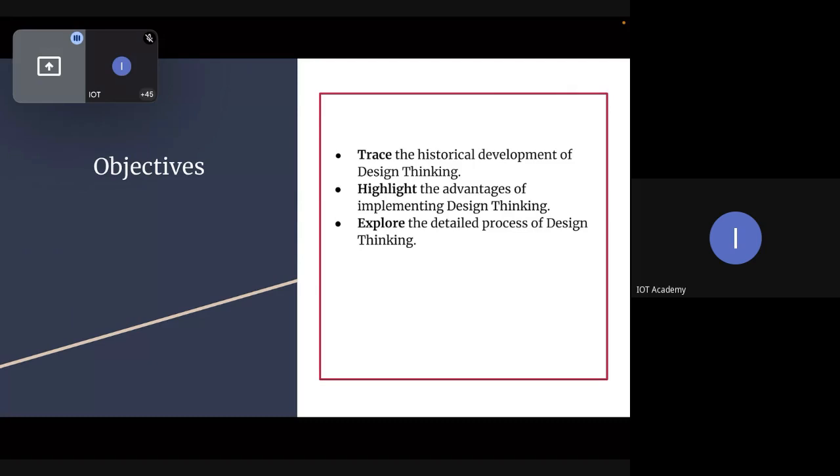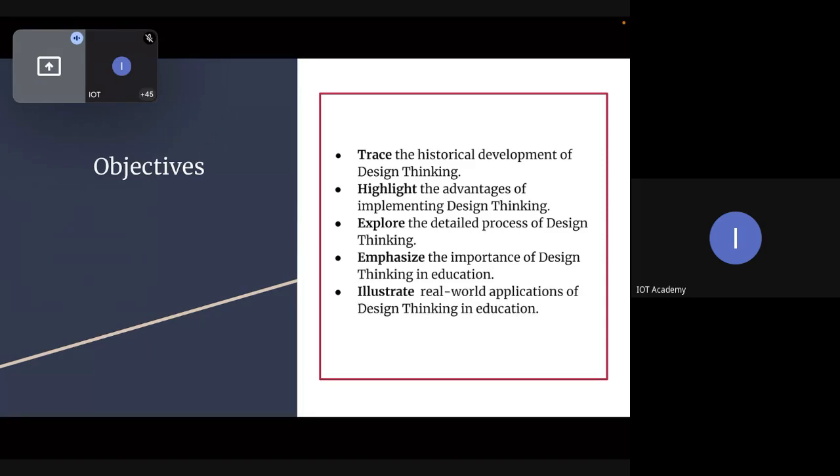This is most of the chunk that this session will consist of. We will also emphasize the importance of design thinking in education, and I will illustrate some real world applications of design thinking in education and in other spheres of life. So these are the objectives. I hope these objectives are all clear to you. You've taken a note of the objectives, and now we move ahead with the session.